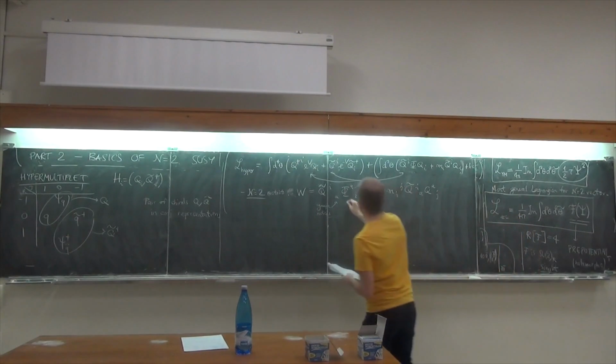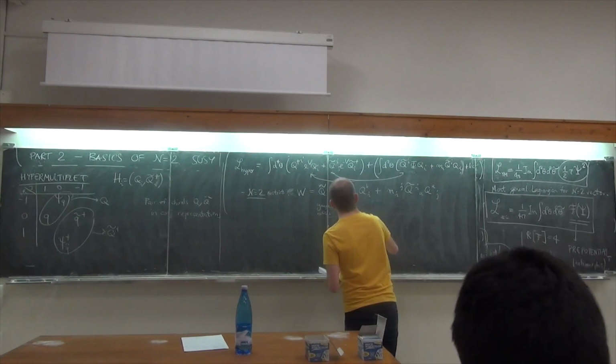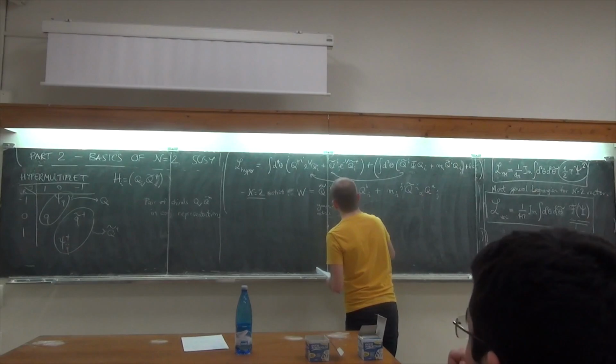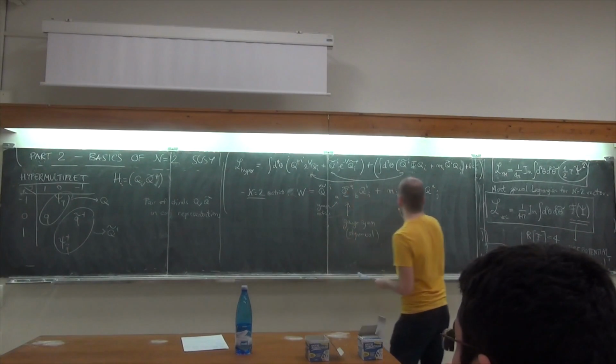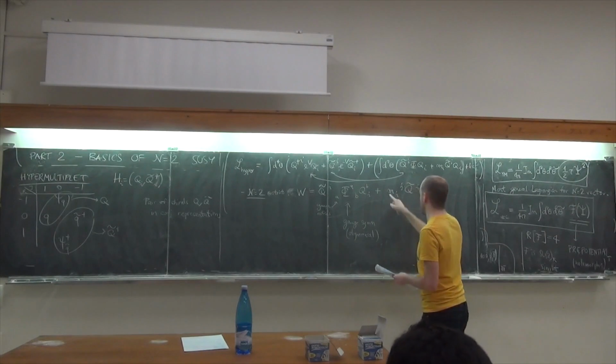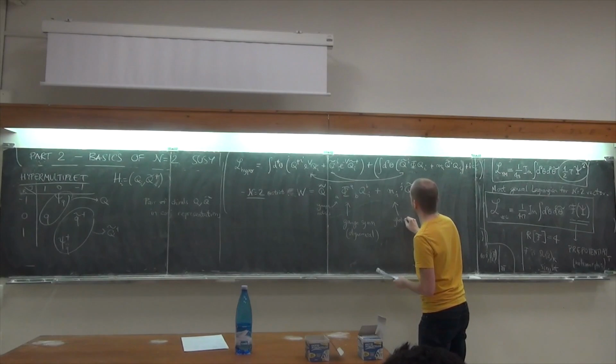So this is for the gauge symmetry. So this is a dynamical scalar. And you can also view the mass parameter as a complex scalar in a vector multiplet for a global symmetry.